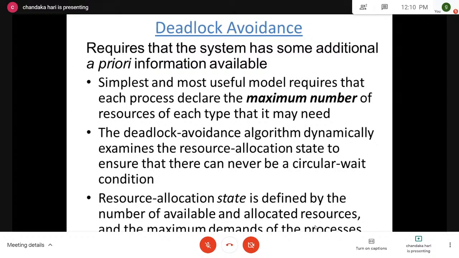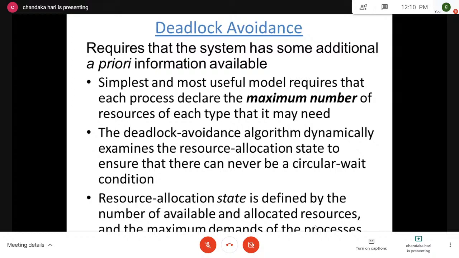And in order to do such a thing, the operating system has to be given additional prior information: what kind of resources are available, and what kind of resources are required for each and every process at what moment of time.